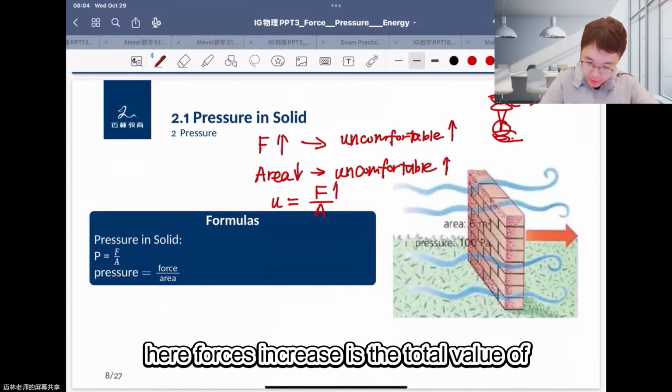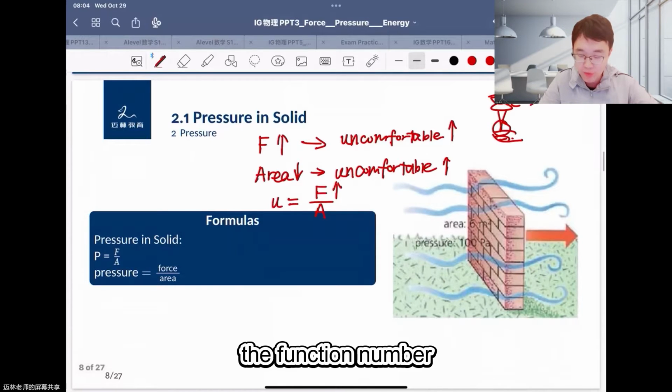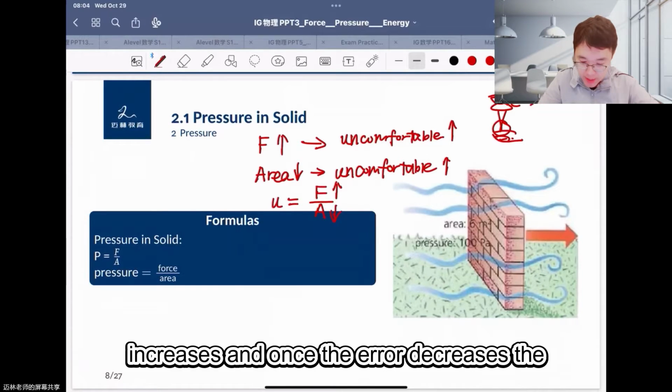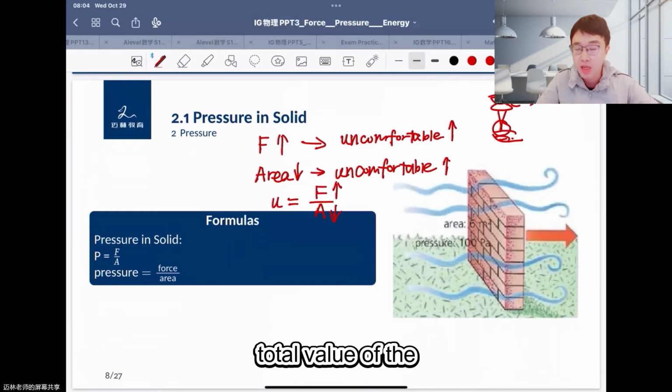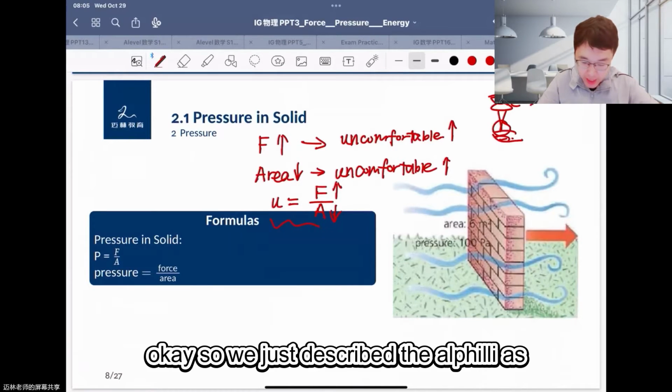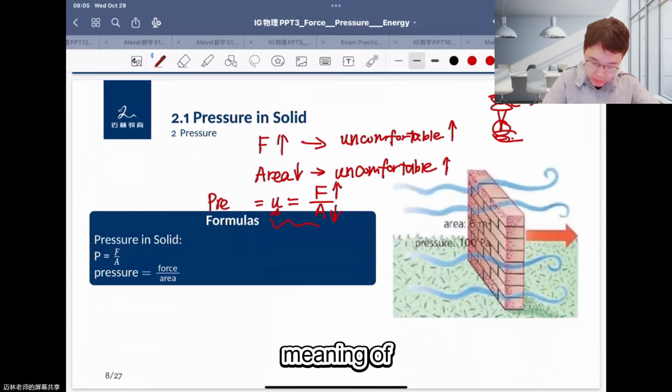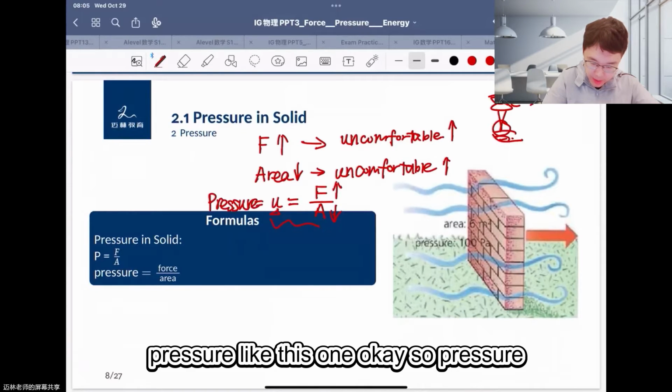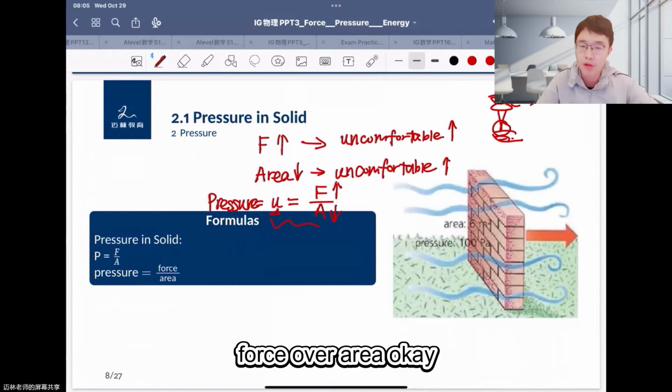Because when force increases, the total value of the fraction increases. And once the area decreases, the total value will increase, okay? So we can use it to represent pressure. We described the uncomfortable feeling as the meaning of pressure. So pressure equals force over area.